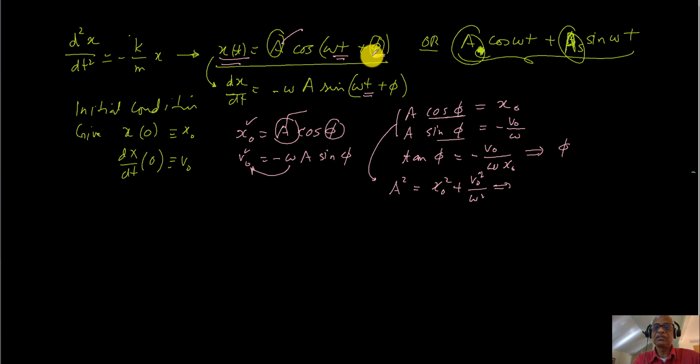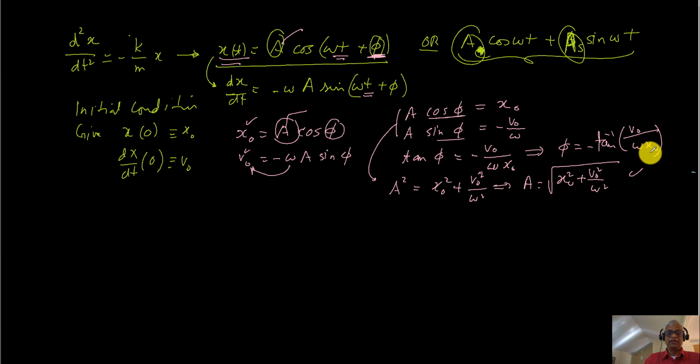All the signs are taken care of using the angle here. So A is the amplitude, which we think of as positive, so A is just the square root of x0 squared plus v0 squared over omega squared, and phi is minus arc tangent of v0 over omega x0. Okay, so this is how you get those constants.